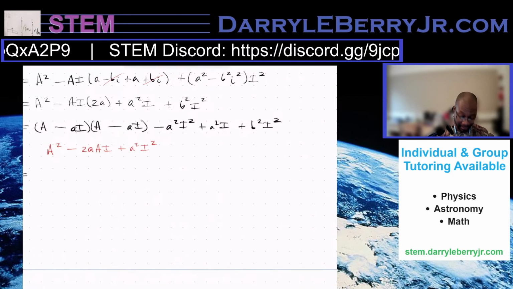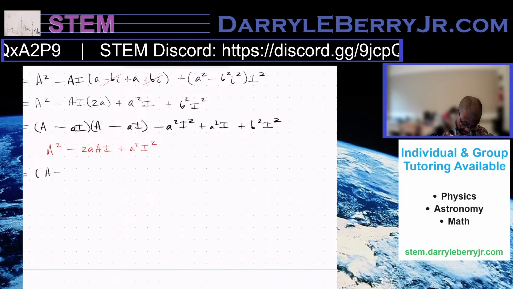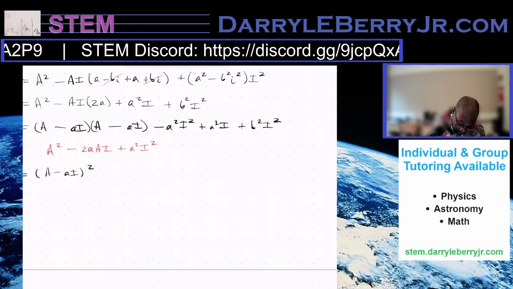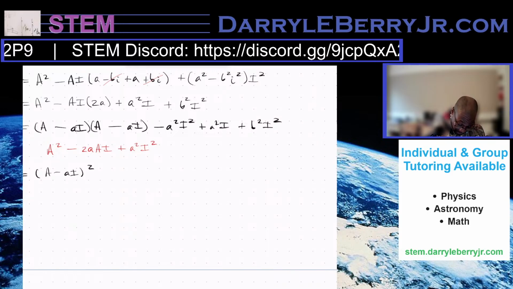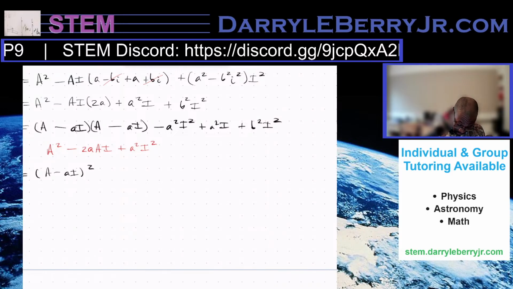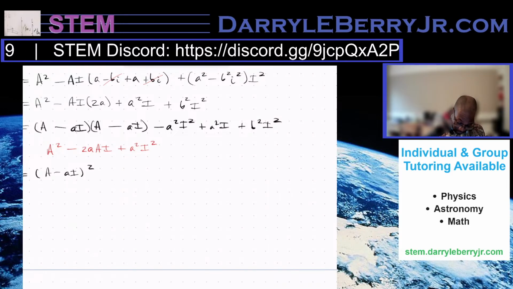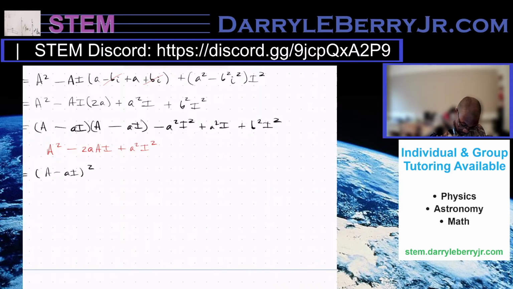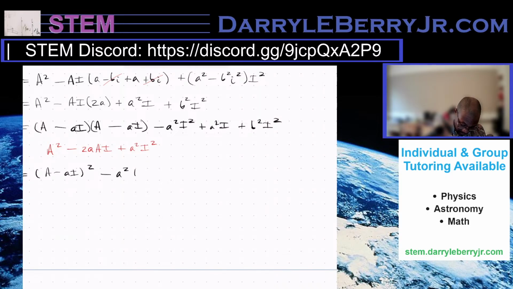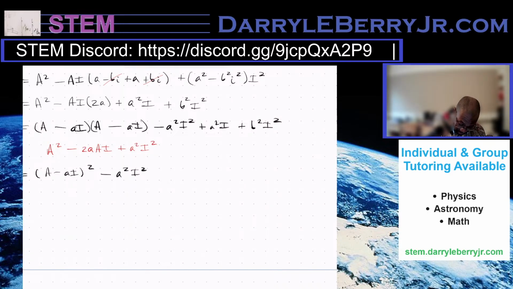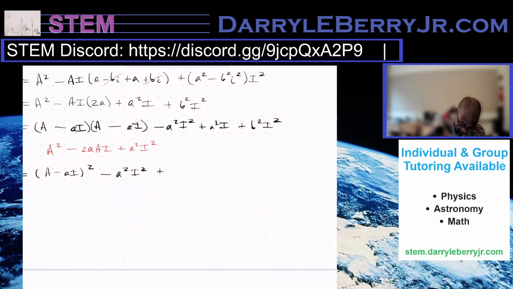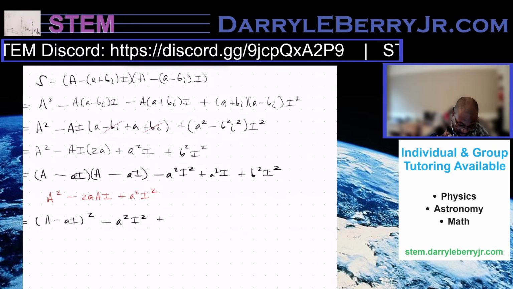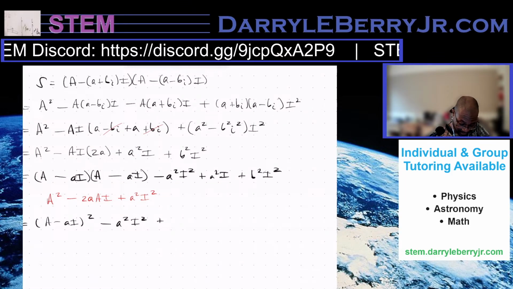So then I would have a minus ai squared. And then maybe I could do something with the other end there. Minus a squared i squared. Yeah, I think they skipped too many steps. I'm not seeing what they did to simplify this.